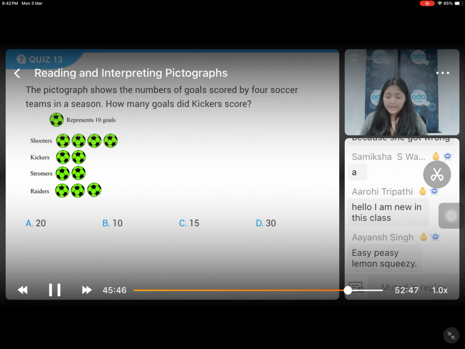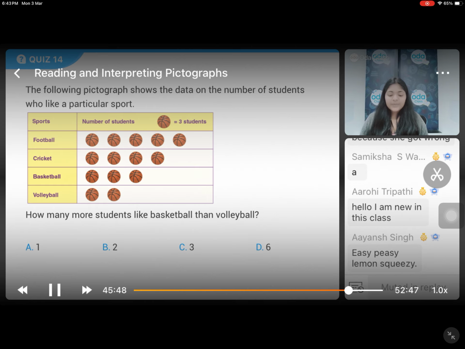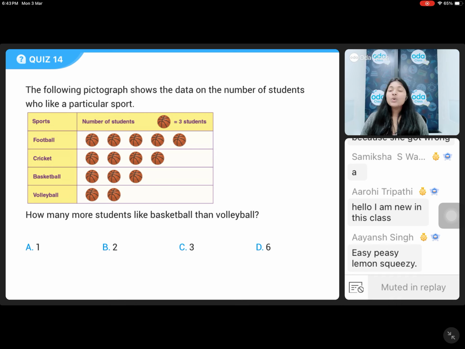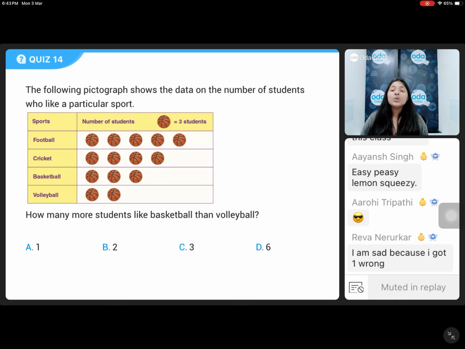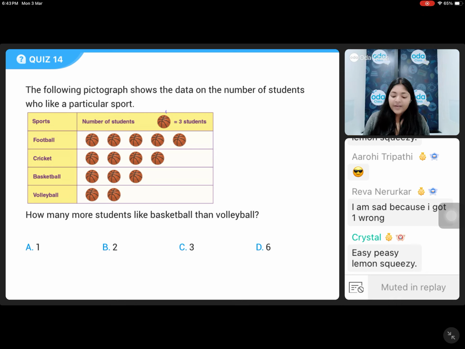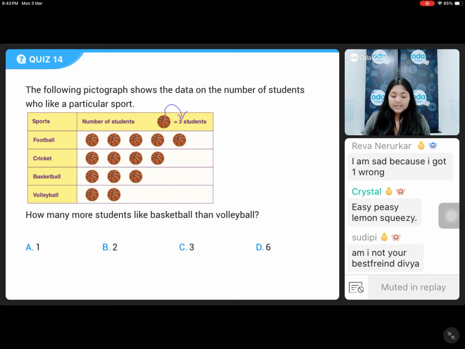Okay, so tell me this question now. The following pictograph shows the data on the number of students who like a particular sport. It is given that one ball is representing three students. So, how many more students like basketball than volleyball? First of all, tell me the answers one by one. How many students like basketball?